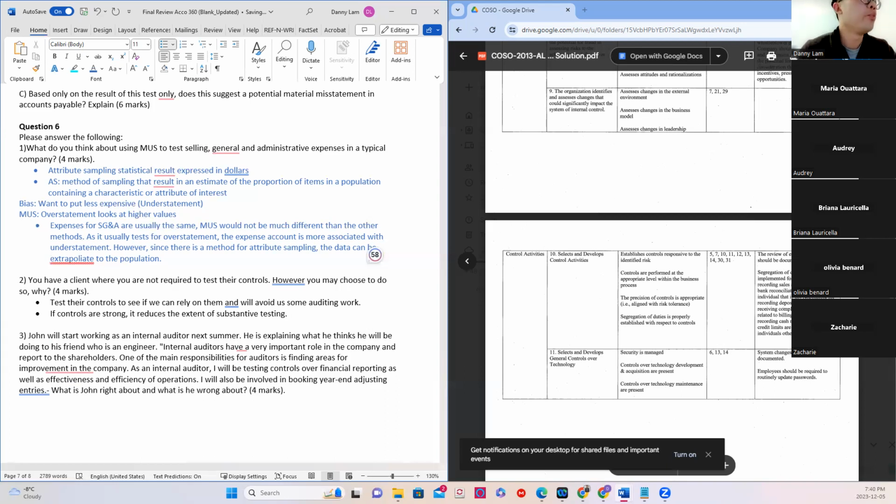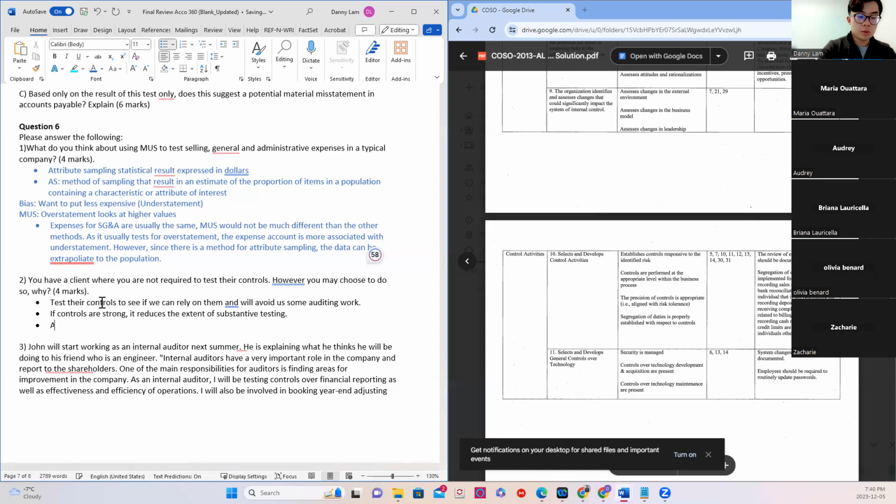Also, testing the controls will give us a sense of the risk of material misstatement, right?